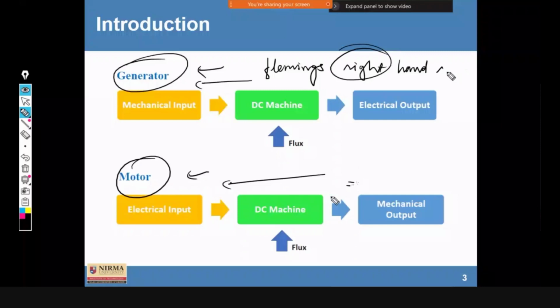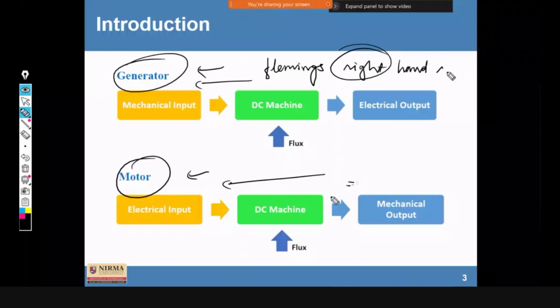That is given by the second finger, representing the motion of the conductor. Clear? Similarly, in the left-hand rule, that is reversed.